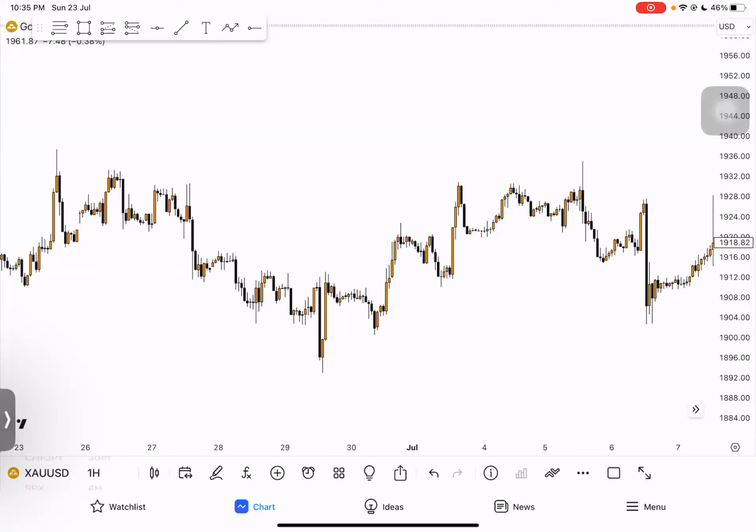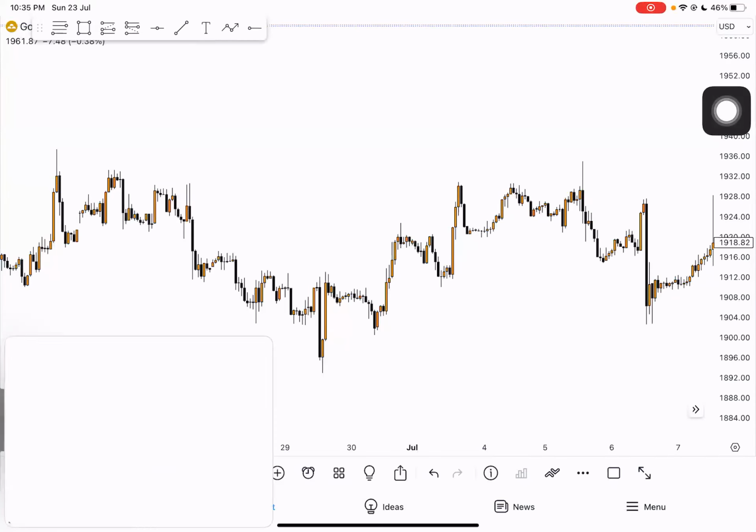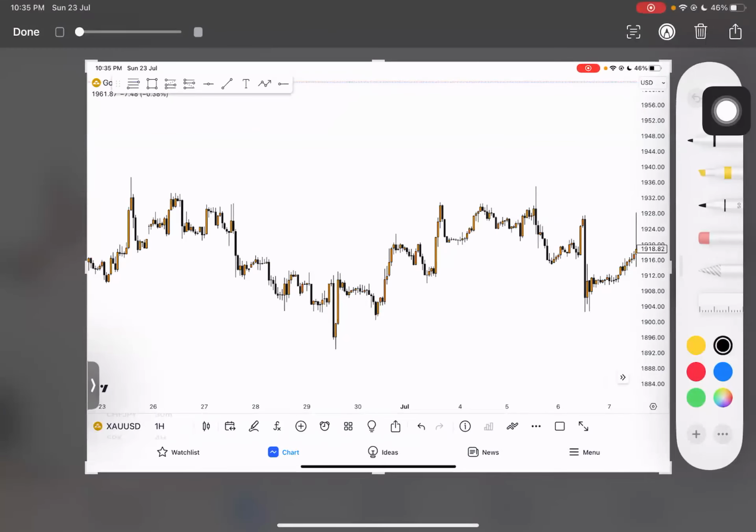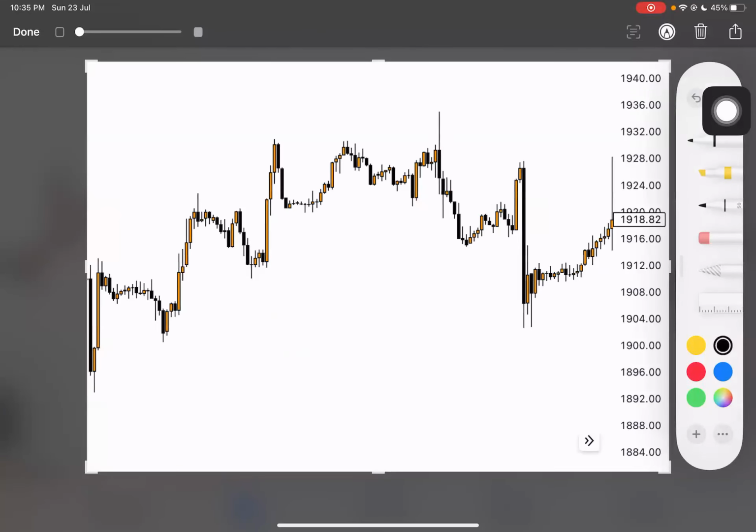How to set SL after the confirmation? Okay, after the confirmation here, I'll just show you an example. Maybe this one. You can see the drop, base, rally, right?